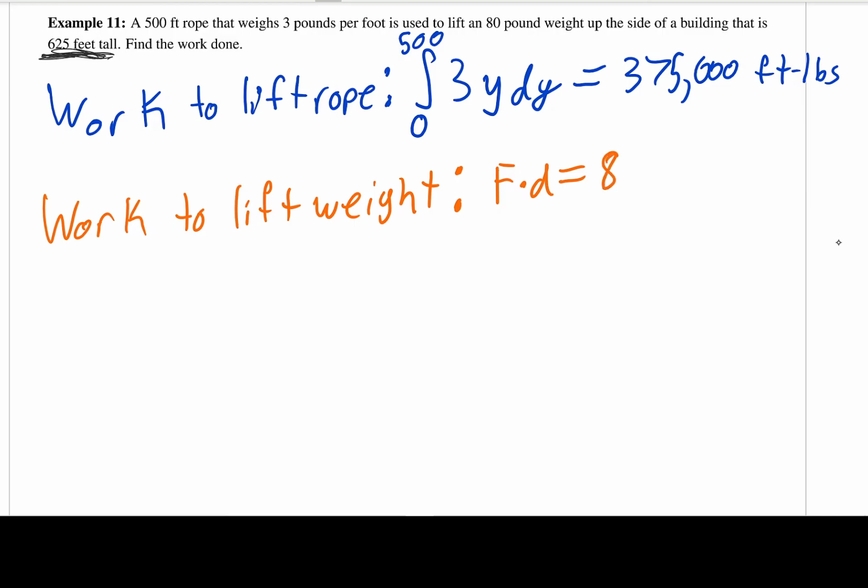So we'll have 80 times the distance we have to pull it up. So 80 times 500, giving us 40,000 foot-pounds.